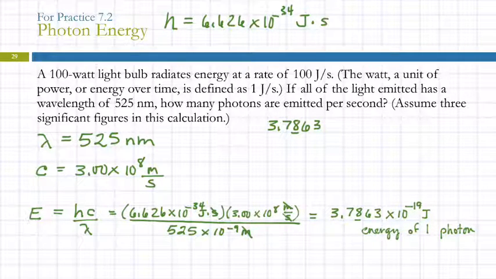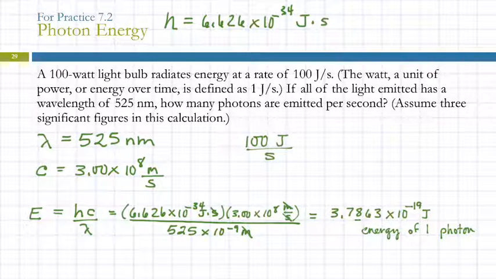So start over here. Maybe let's start with the 100 joules per second first, because I want photons per second. So if I put joules in the denominator and photons in the numerator, then my units are going to work out.